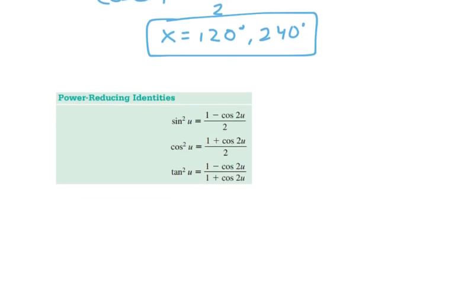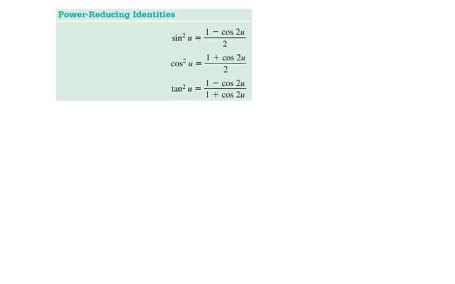All right. Then we have something called power-reducing identities. And power-reducing identities allow us to get rid of anything that's squared other than in a trigonometric identity. So basically what's going to happen is you're going to have proofs that have squares in them, and they're trying to equal something that has no squares in them. And so in that case, you might be able to change it to something that has a double angle in it.